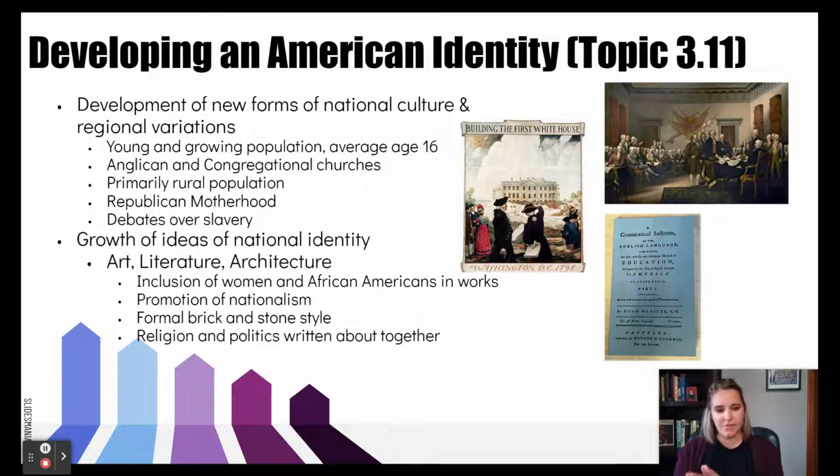And we also still have regional variations: differences over the ideas of slavery and the roles of women, and differences between urban and rural culture. So we can't say that there's one singular American identity, but we do know that there are some values that are important to Americans, and those start to be reflected in some of the more popular aspects of life.